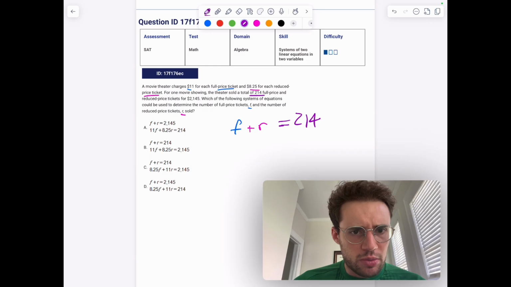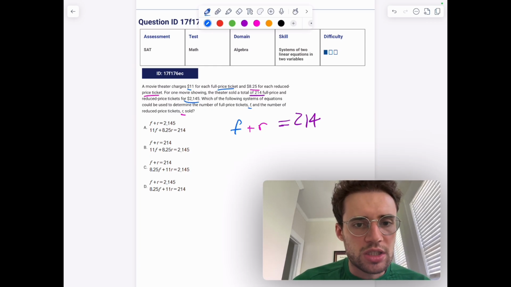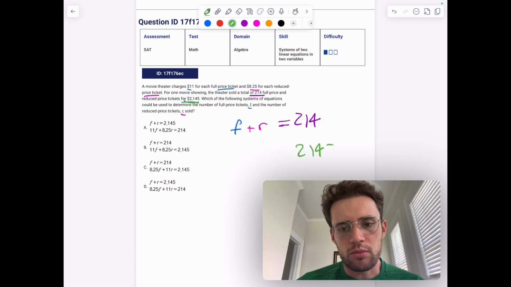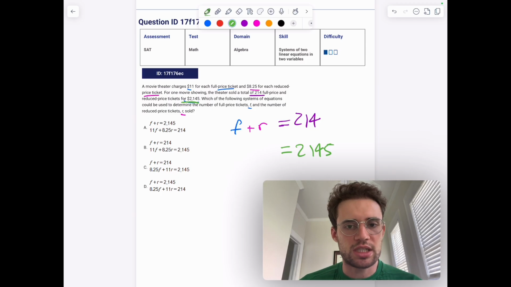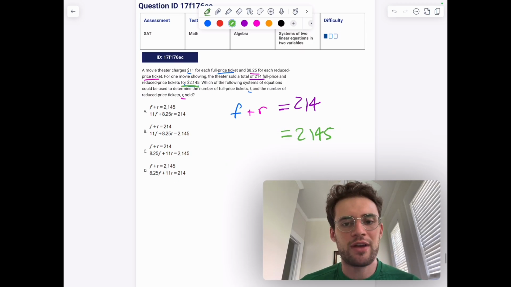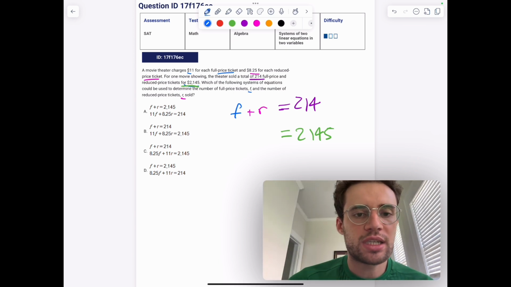And they sold reduced price tickets and the amount they made was $2,145. So that's going to be the right side of the equation for the other equation, which has to do with the actual price. It says, which of the following systems of equations could be used to determine the number of full price tickets F and the number of reduced price tickets R sold? All right, so the full price tickets they said are $11.